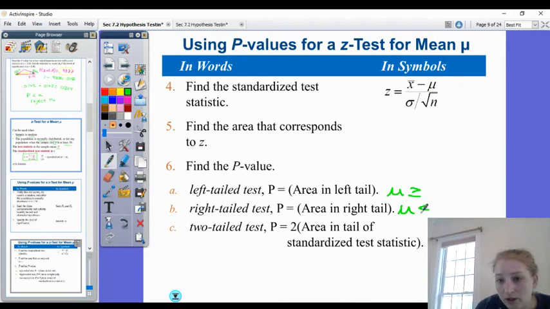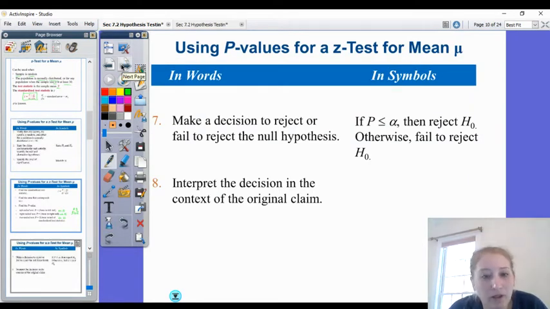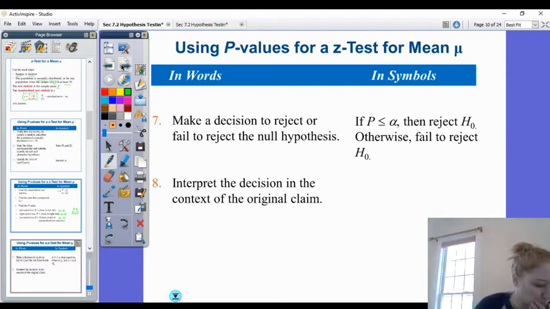Your right-tailed test is less than or equal to, and the two-tailed test is equal to. If you need a refresher of that, it's on page 362. From there, we can make a decision whether to reject or fail to reject our null hypothesis. And then we're going to interpret that and write a little sentence about what we found out.